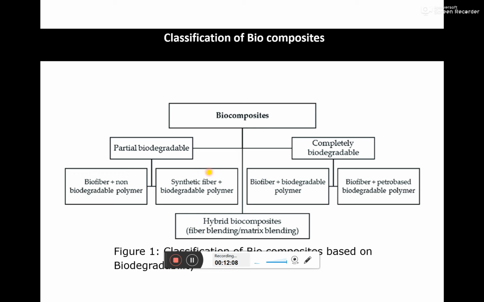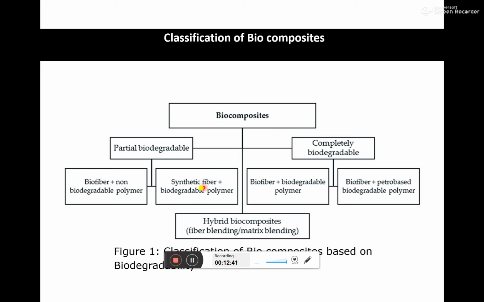The other classification is the synthetic fiber plus biodegradable polymer. Here the synthetic fibers we are going to use are different fibers like glass fibers, carbon fibers, and aramid fibers.